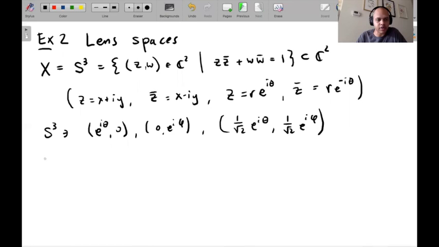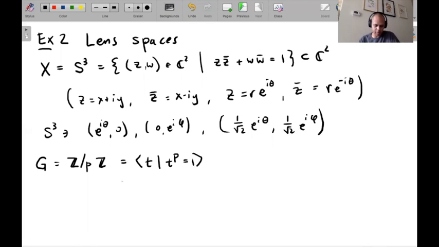So now the group action. The group here is going to be a finite order cyclic group. We're going to denote the generator by t, so here I have a single generator, and its pth power is 1.